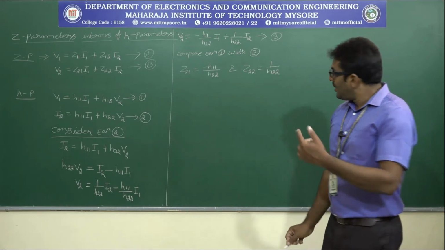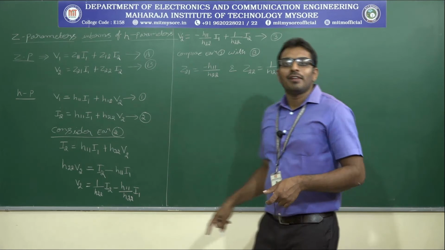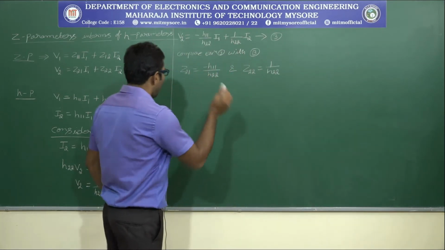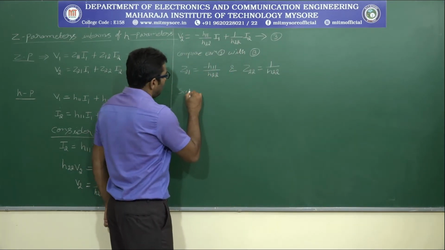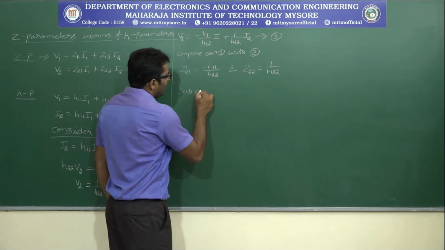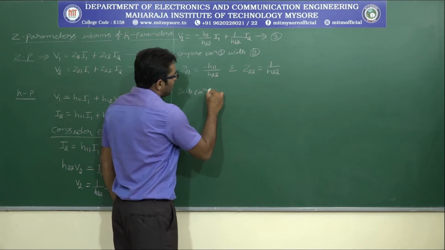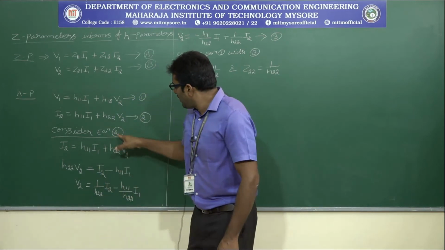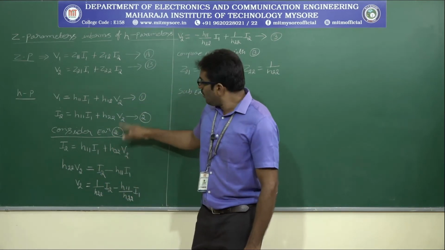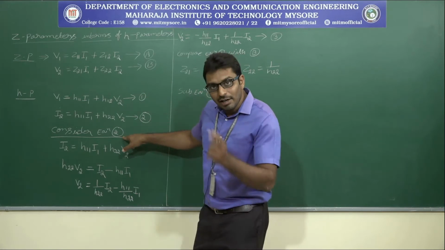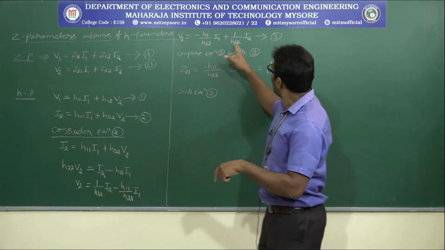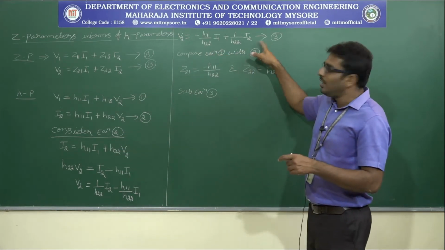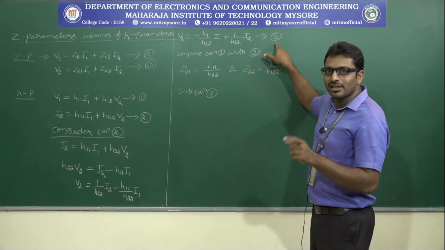Is it clear? Now consider this equation 3. I mean, substitute equation 3. Which equation did we consider? Equation 2. Out of 1 and 2 we considered equation 2, rearranged it and wrote it in this form and called it equation 3, right?